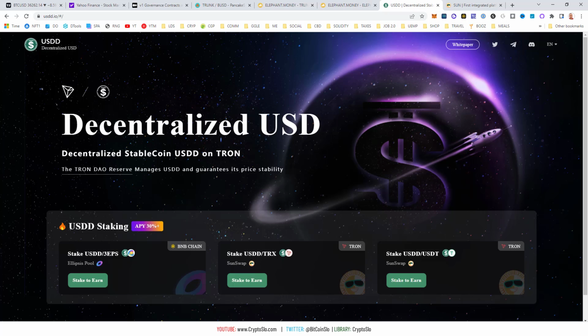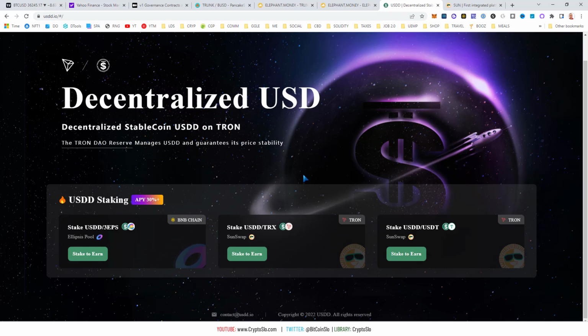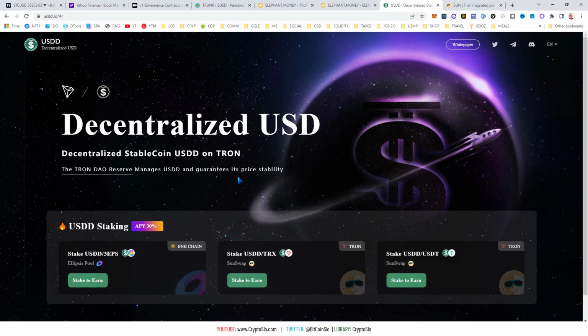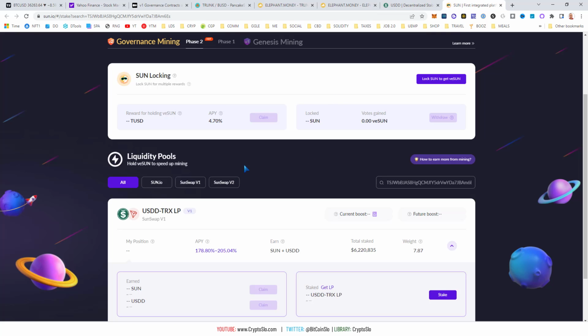In other news, USDD Double D has launched on Tron. Now, the thing that's a little confusing to me is when I went to Just Swap, I didn't see where you could mint. So that is a little confusing. I did check out the APYs.